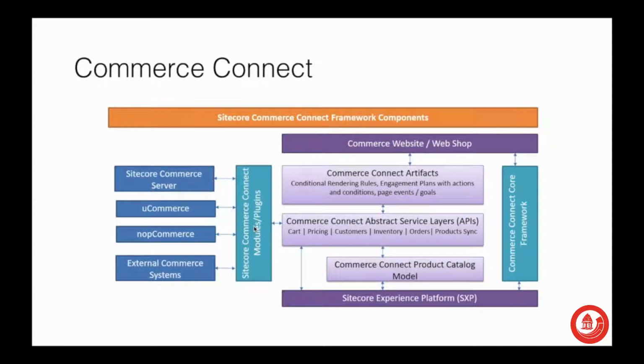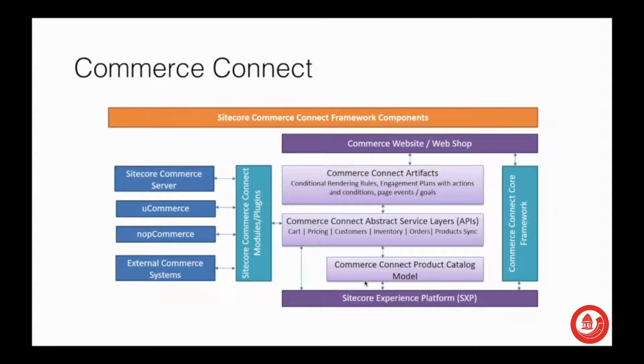Whatever customization that you write which is specific to different e-commerce systems is called a connector, or you can simply say it is your own module or plugin. This module or plugin or connector, whatever we call, is used to connect Sitecore Commerce, the Commerce Connect. It's basically connecting your Sitecore system to external commerce systems.